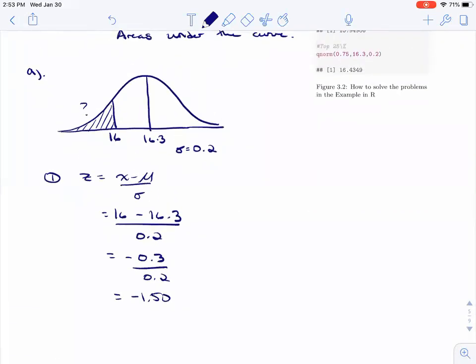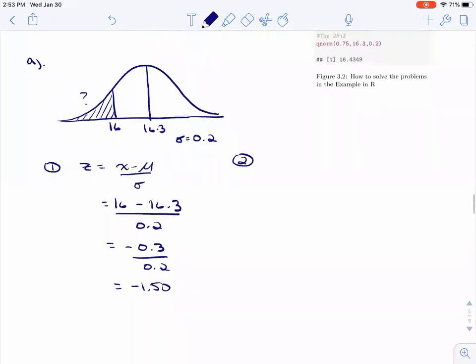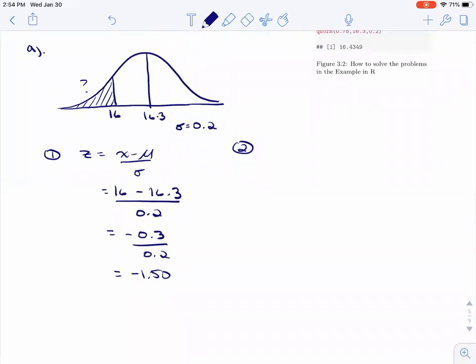Just so I can have all this answer on the same page, I'll put step 2 over on this side. I'll need more pages though. So now we know that 16 is 1.5 standard deviations below the mean of 16.3.